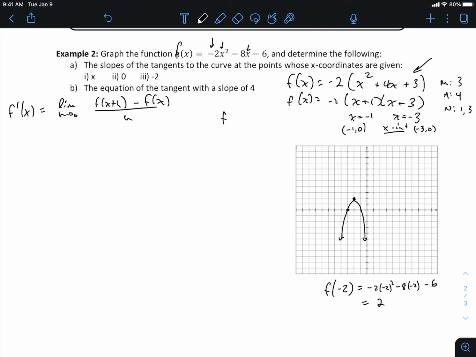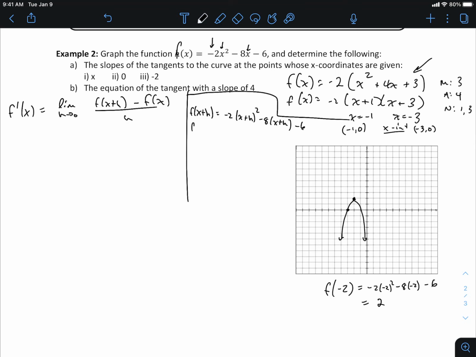We could do some of the simplification work on the side if you'd like. So we can say f of x plus h is going to equal -2 times (x plus h) squared minus 8 times (x plus h) minus 6.